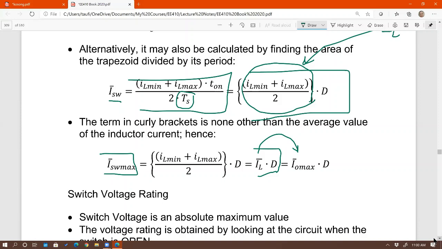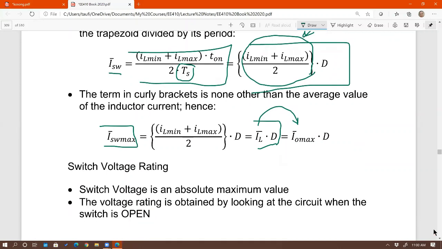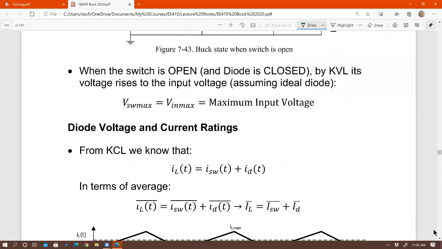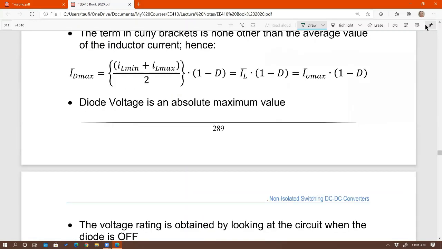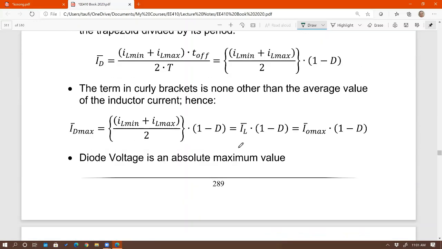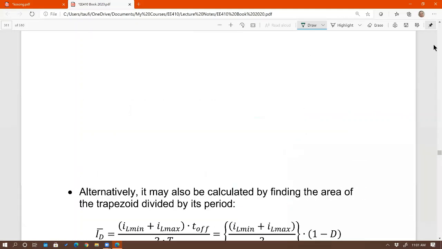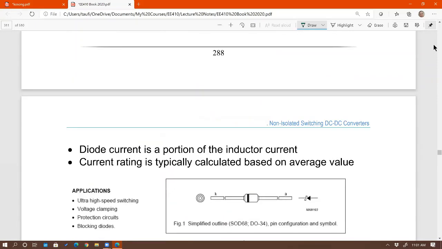Instead of IL average times D, it's going to be IL average times 1 minus D. Yes. Take a look at this one. I'm going to skip ahead to diode average right here. See this? For diode it is IL average times 1 minus D. That makes sense because the diode takes on the turn off portion of the inductor current.